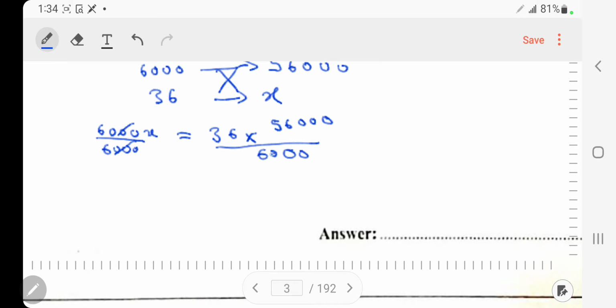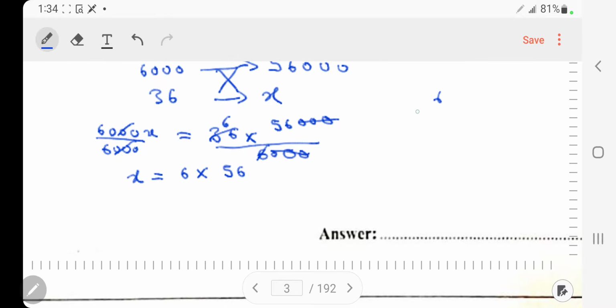So we have these zeros will go, then we are remaining with this one. Divide 36 by 6, which will give you a 6. So x should be equal to 6 times 56.